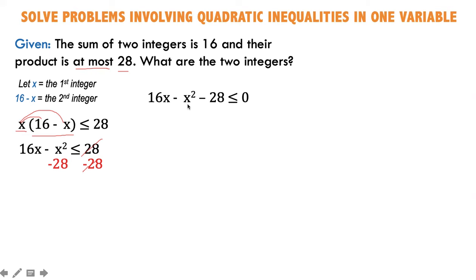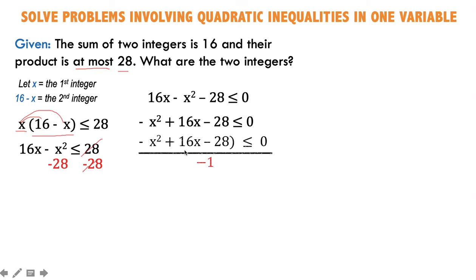Since the standard form of a quadratic expression has the first term as x squared, we interchange them. This is how it looks: negative x squared plus 16x minus 28 is at most 0. But we want the first term to be positive, so we divide the whole inequality by negative 1.